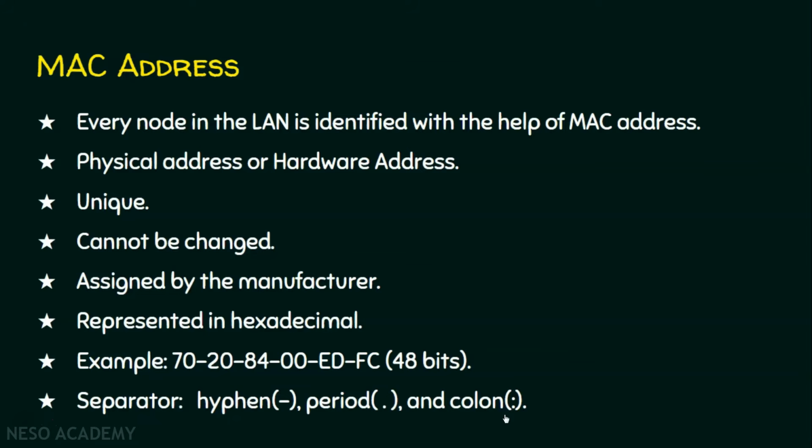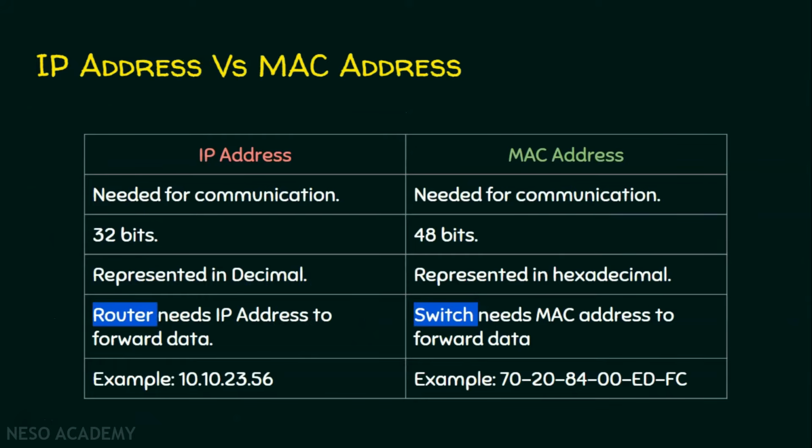We will now see the difference between an IP address and a MAC address. IP addresses are definitely needed for our communication. Obviously, MAC address is also needed for our communication. IP addresses are of 32 bits, whereas MAC addresses are of 48 bits. We know very well that IP addresses are represented in decimal, whereas MAC addresses are represented in hexadecimal.